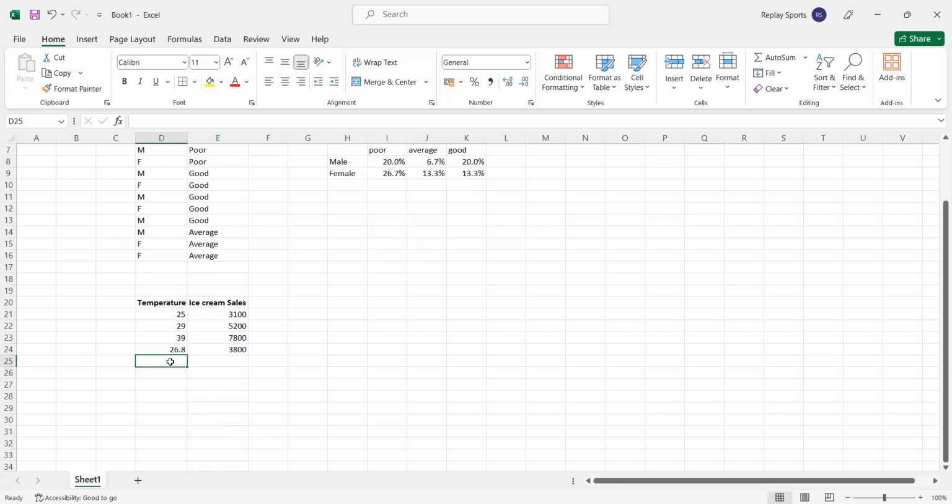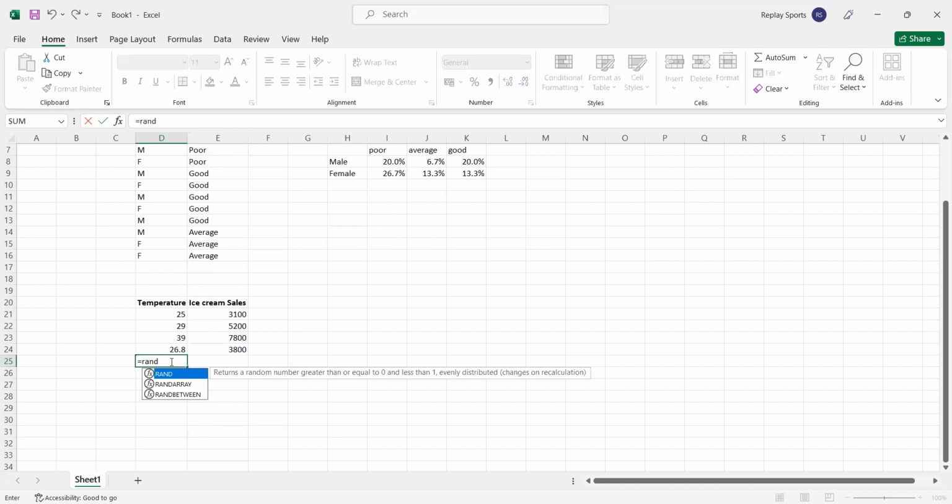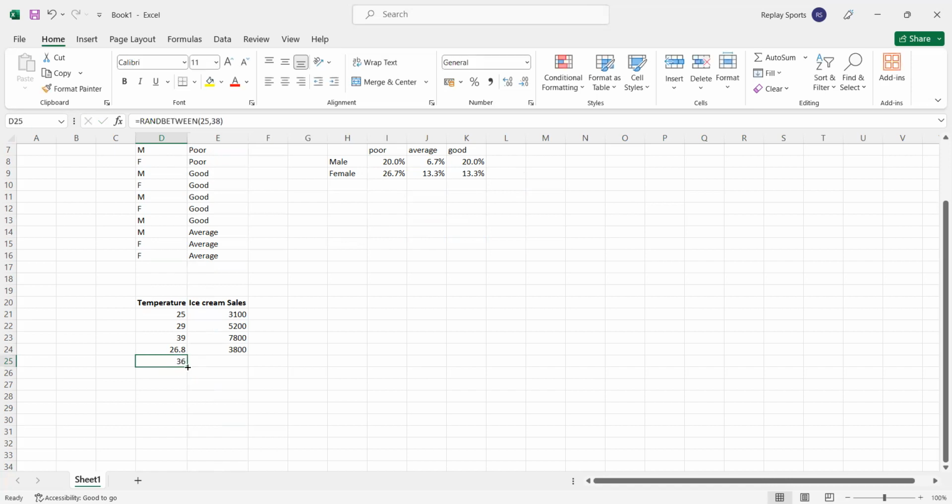Let me generate random numbers between 25 and 38.